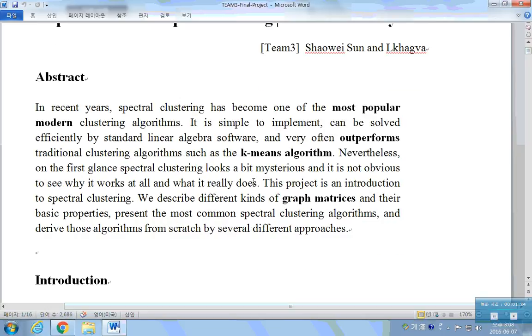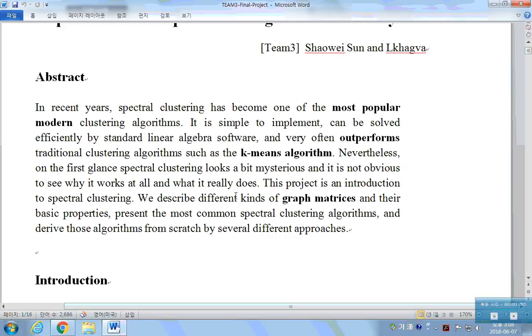At first look, spectral clustering may seem a little bit difficult, but when we go inside, it's very easy. We actually have to find the k smallest eigenvalues of some matrix. So in this project, we want to give an introduction to spectral clustering.